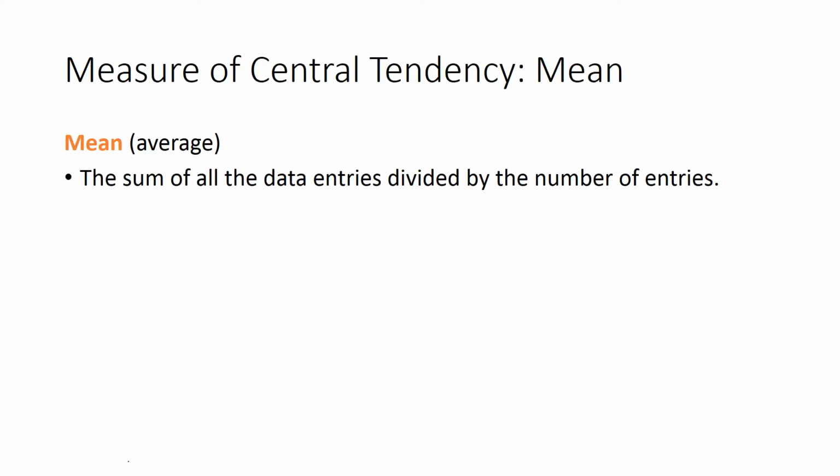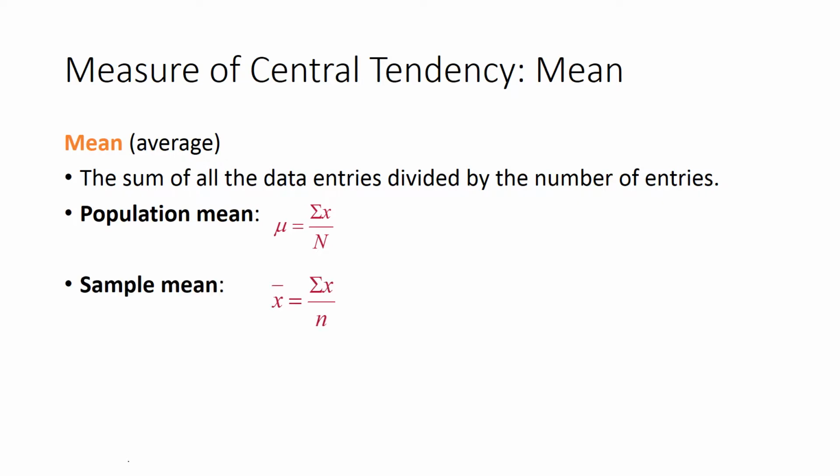There are 3 main measures of central tendency. First, you have the mean, or the average, and that is just the sum of all the data entries divided by the number of entries. And it looks like that for the population and this for the sample. Notice the new notation.